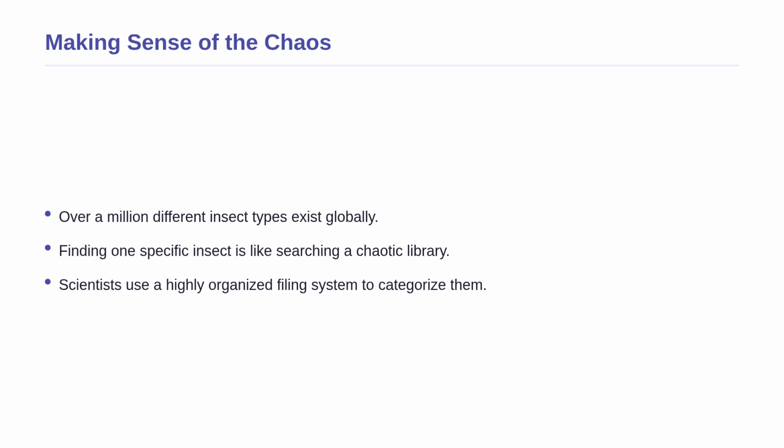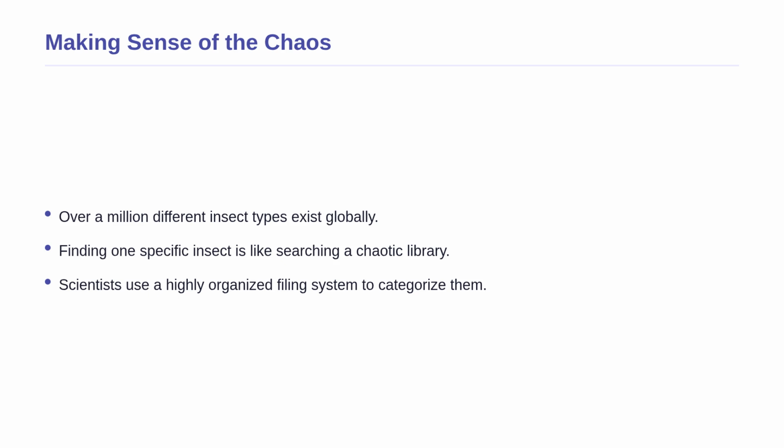To begin our journey, I want you to imagine walking into a massive, chaotic library where millions of books are just dumped on the floor in no particular order. If you needed to find one specific book on treating a rare disease, it would be nearly impossible to locate it quickly.